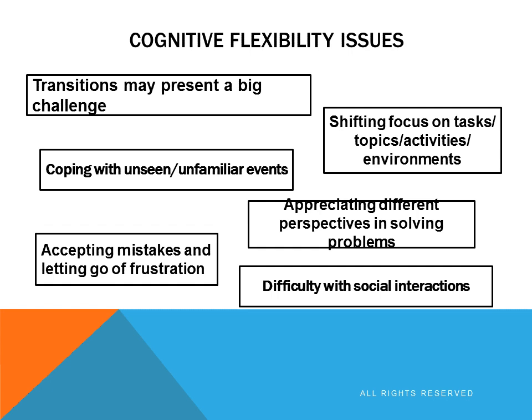Appreciating different perspectives in solving problems. We will go into this with an example a little later, but that's also an important thing: how do I appreciate different perspectives? Okay, I will give you a simple example. They are standing in line and one child accidentally bumps into the other.